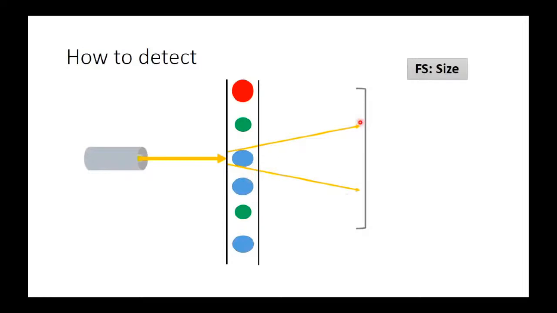Because the cells scatter a particular amount of light in the forward direction, but when the cell is bigger, the forward scattered light will be larger, or more forward scattered light will be detected. And when the cell is smaller, the cell will scatter less light in the forward direction. So the forward scattered light is directly proportional to the size of the cell.